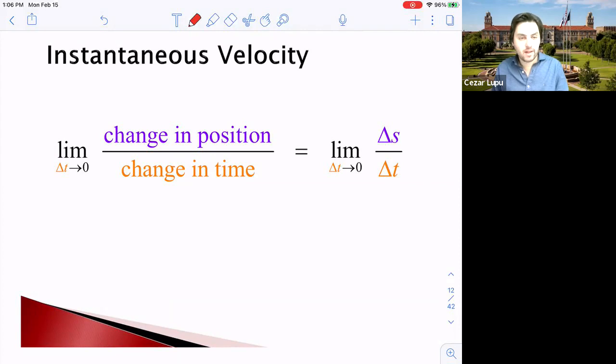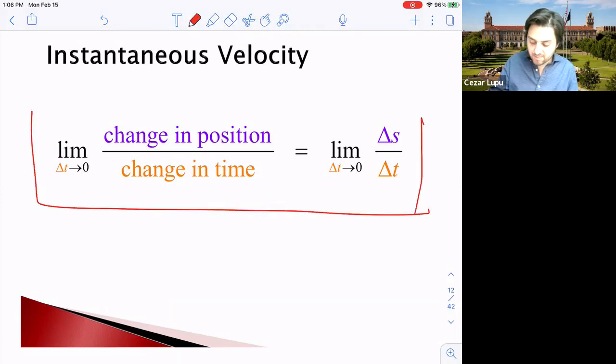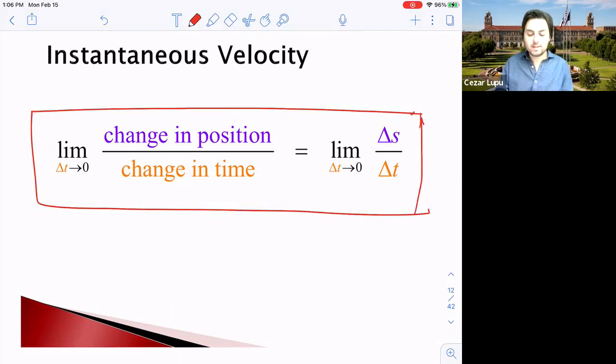But it's not just that, it's the limit as delta t, as the change in time, approaches 0. So that's what you need to know. So that's the instantaneous velocity. It is the limit as delta t approaches 0 of this quotient of delta s over delta t.